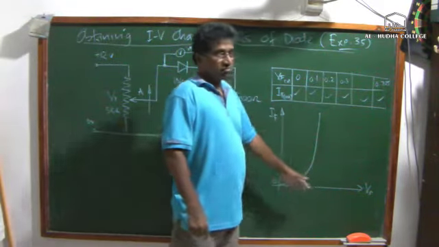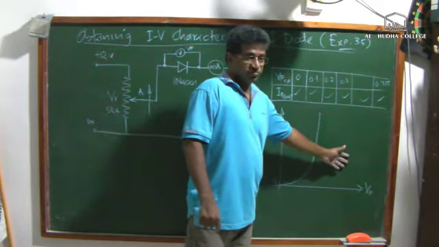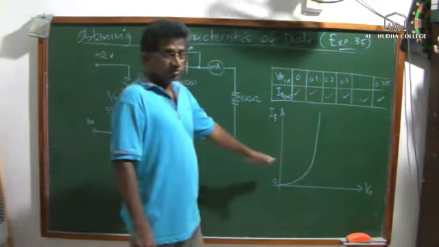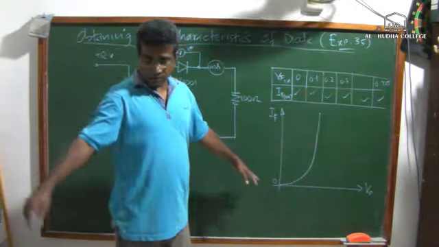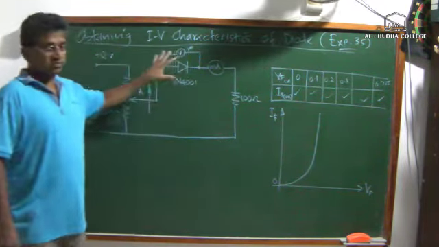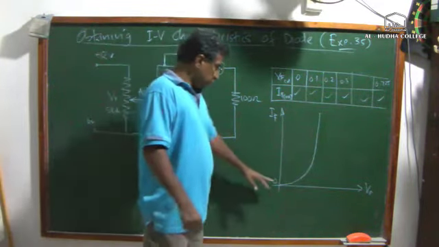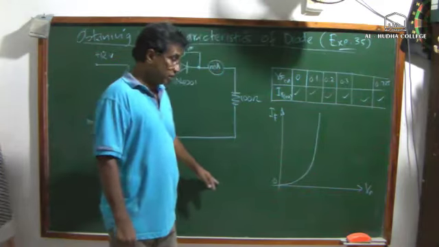The graph is only for the forward bias condition. The reverse bias condition, according to your practical book, is not done because these instruments are not sensitive enough to measure currents in microamperes, because the reverse leakage current is in microamperes.